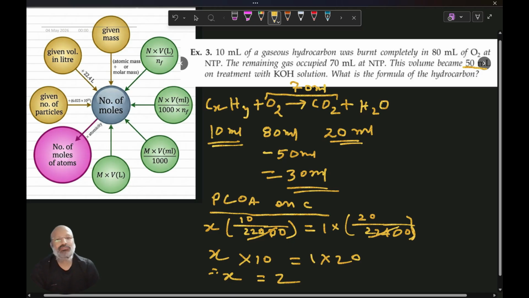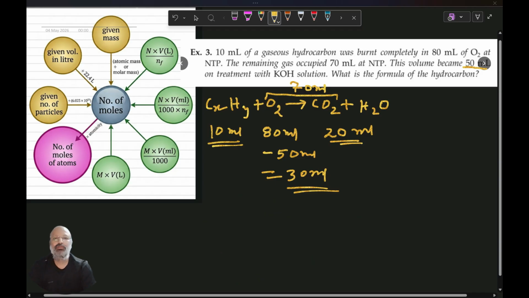Now I need to apply the principle of conservation of atoms on hydrogen. For that, I need to erase this, since I cannot go to a different page. Now applying the principle of conservation of atoms on hydrogen, it will be y into 10.